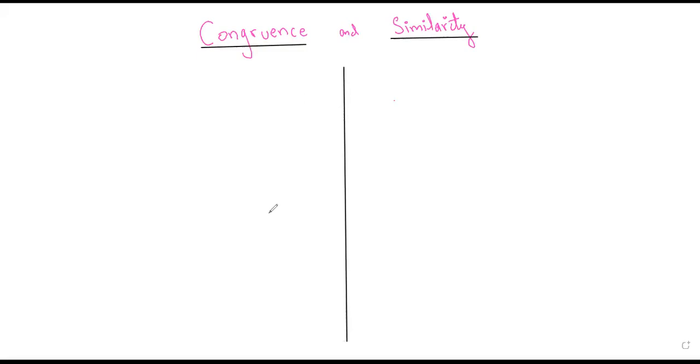So two shapes are congruent. We'll talk about triangles specifically. Exactly the same triangle.